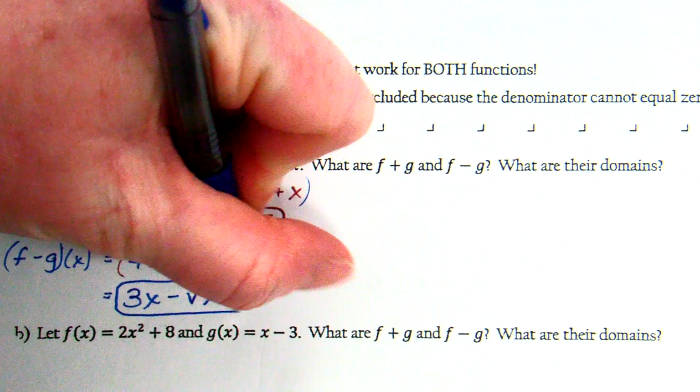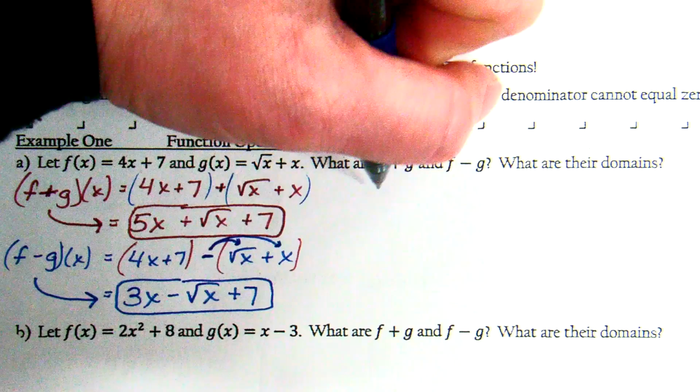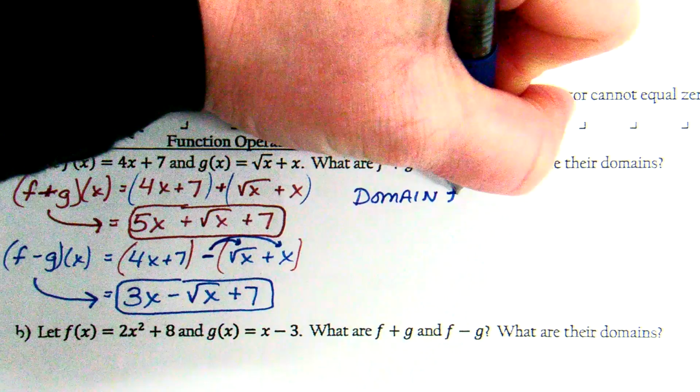Any questions with the adding and subtracting part? I didn't show you anything crazy there. That's old news, right? Now, it also asks, what are the domains? So let's start here, and let's start with each of them individually. First of all, let's talk about the domain of f.